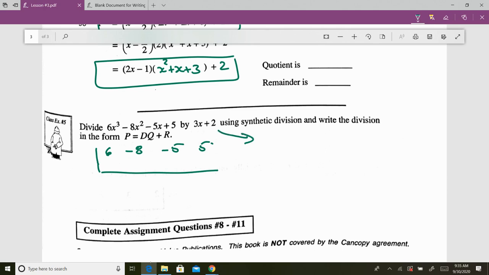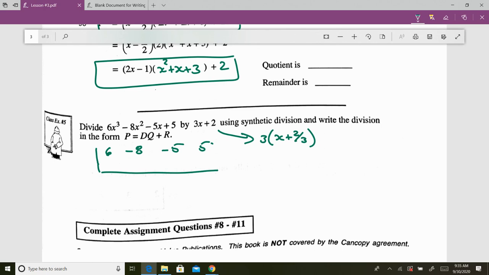Okay, 3x plus 2. What am I going to factor out of there? A 3. The number in front of the x is what you're pulling out. What am I left with? x plus 2 over 3. Does everybody agree with that?